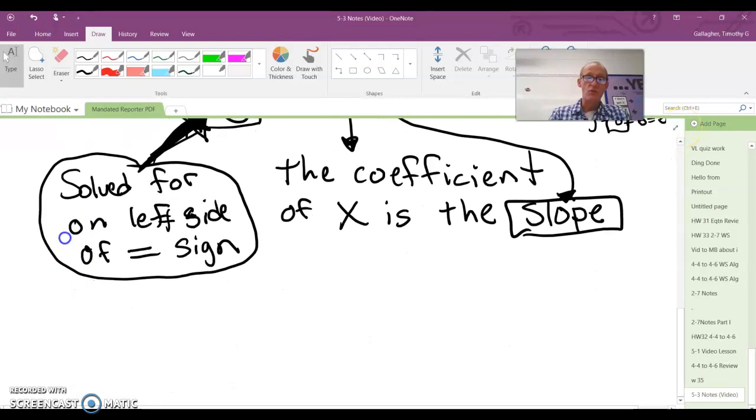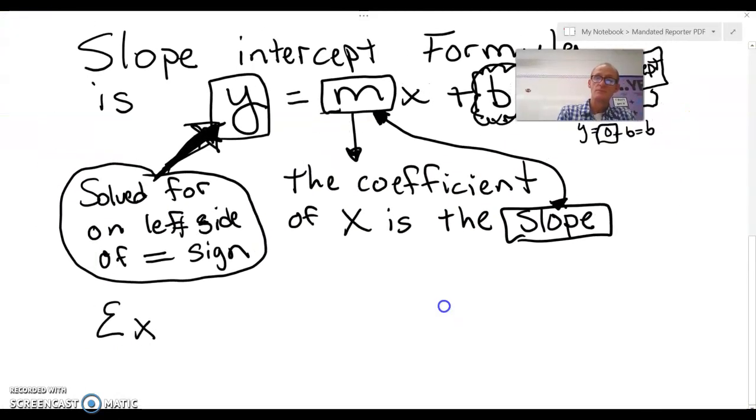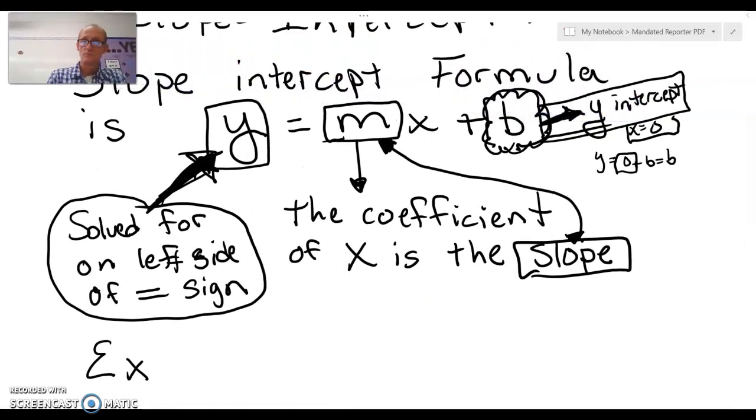So for example, y equals mx plus b, where b, that number there, is the y-intercept, because when I put in 0 for x, that's on the y-axis.